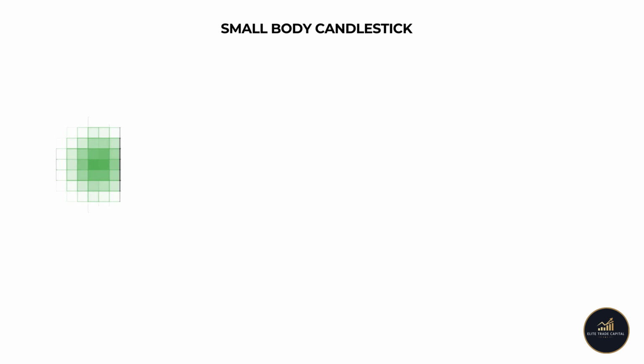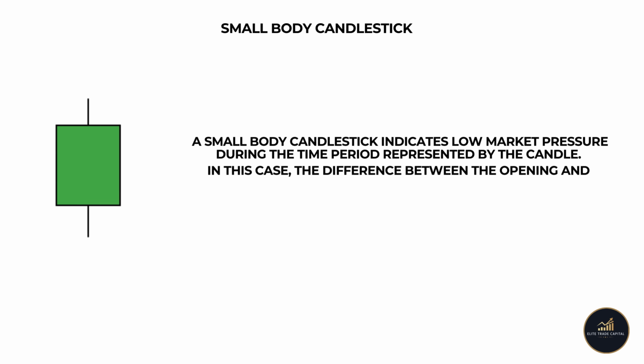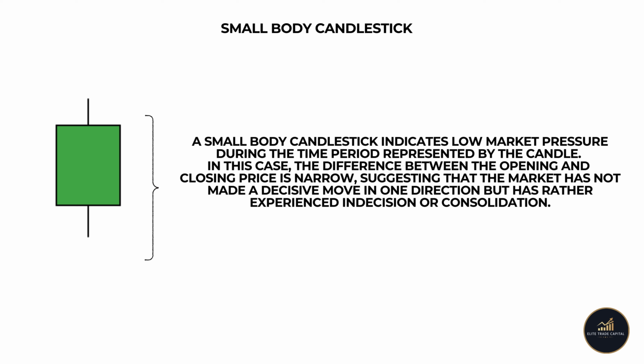And the market pressure shows a clear market direction, either bullish or bearish, and suggests a strong momentum. The small body candlestick indicates low market pressure during the time period represented by the candle. In this case, the difference between the opening and the closing price is narrow, suggesting that the market has not made a decisive move in one direction but has rather experienced indecision or consolidation.